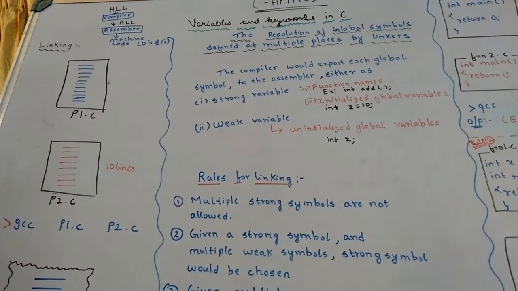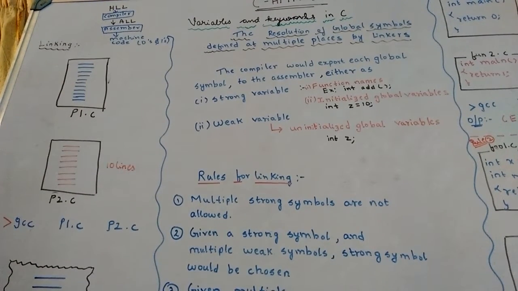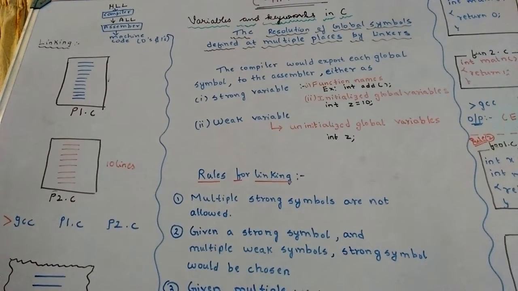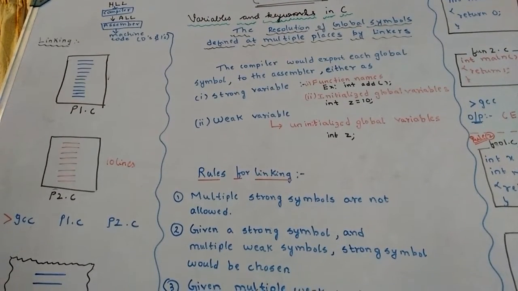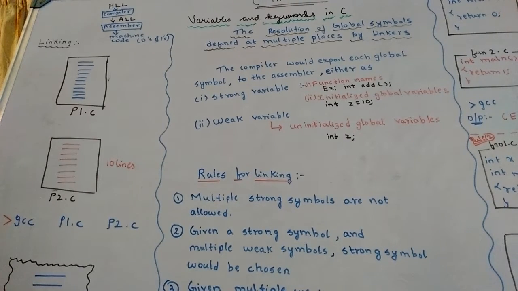The high level language is given to the compiler, which will convert it to assembly level language. That assembly level language would be given to the assembler, which in turn would convert it to machine level language. We all know that the computer only understands zeros and ones, that is, we have to give it to the computer in machine level language only.